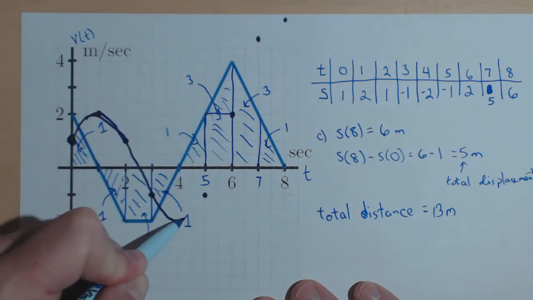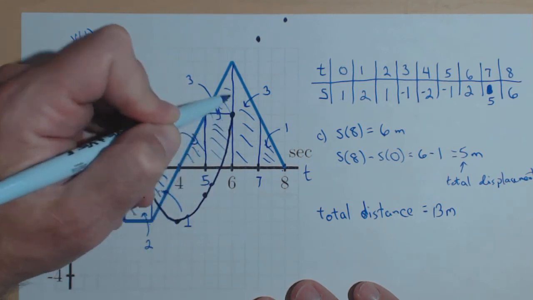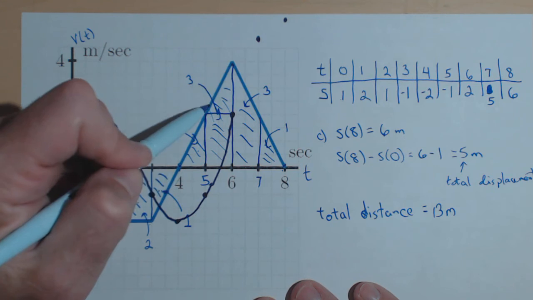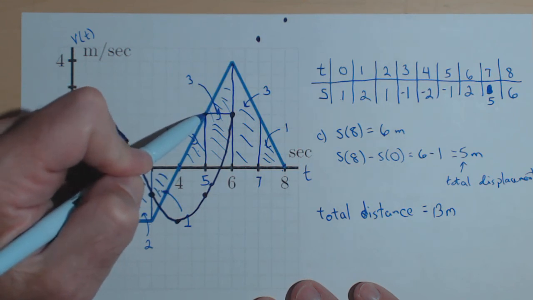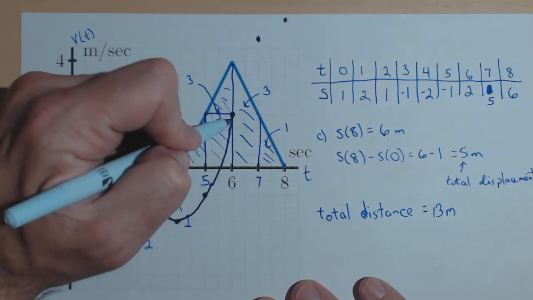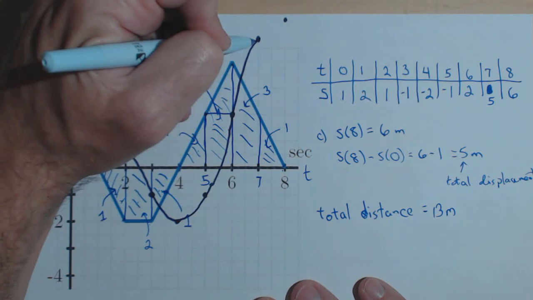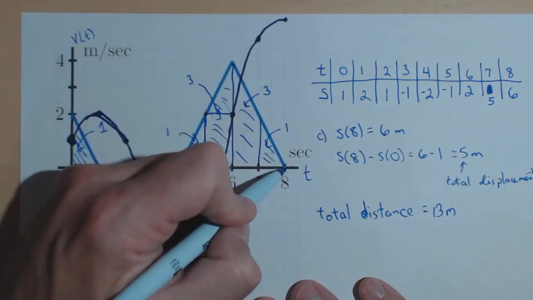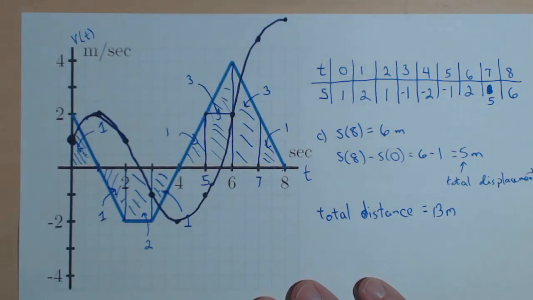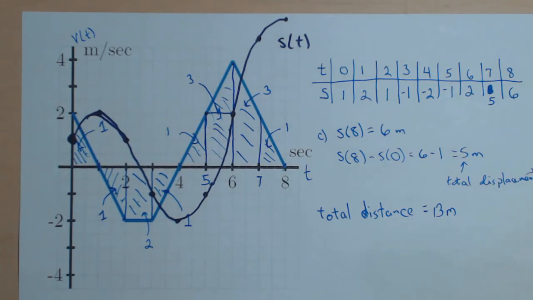For those next few points our graph is going to be concave up, and we're really starting to see these connections. Now right here, our rate of change, our velocity went from increasing to decreasing, even though it's always positive. So our function is still going to be increasing, but we are going to change concavity until we get to 8 seconds, where we have a rate of change of 0, so we're probably going to see it start to flatten out. So that purple graph is a nice representation of our S of t.